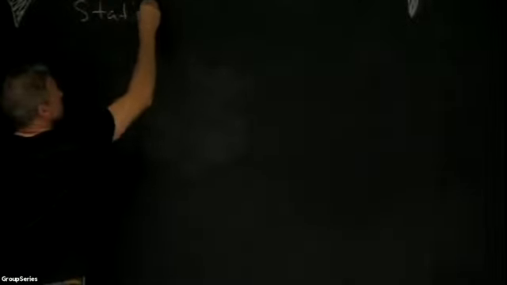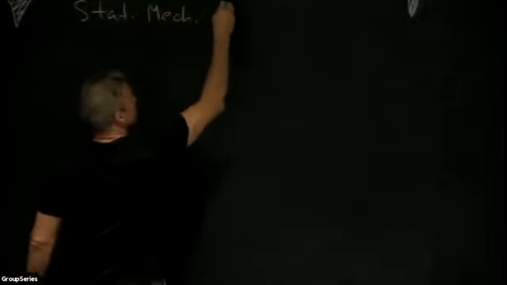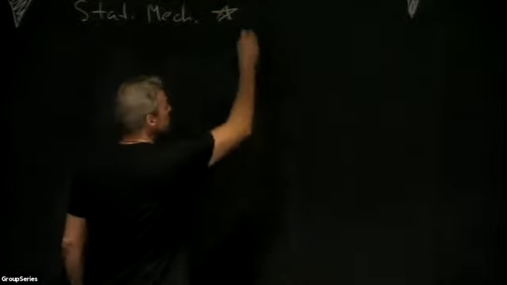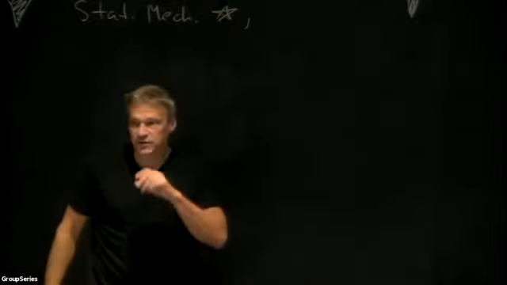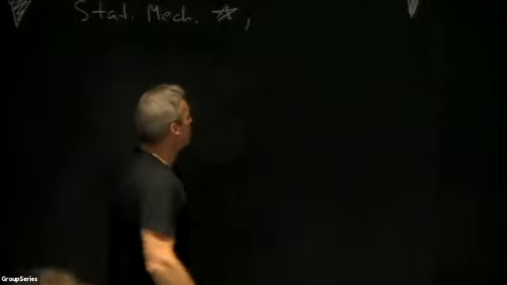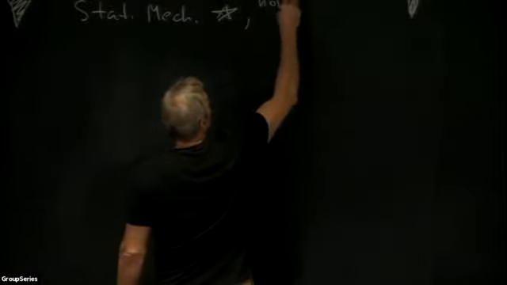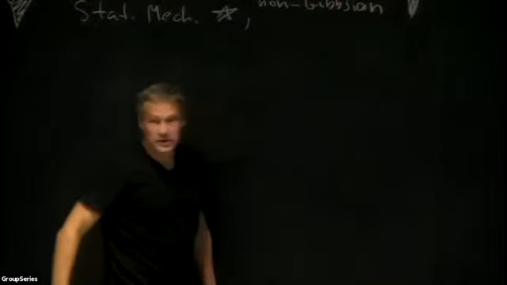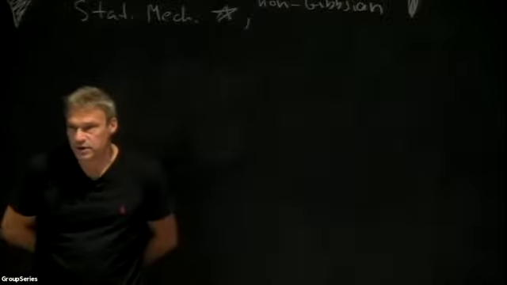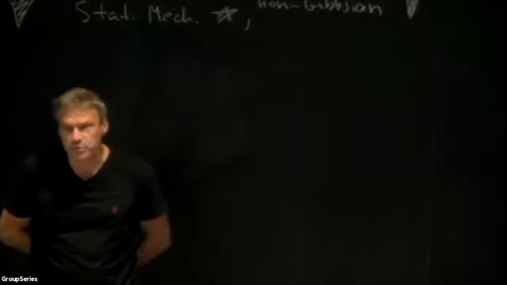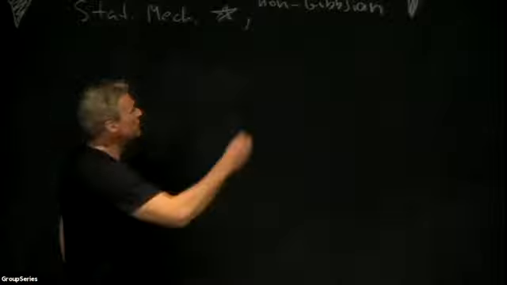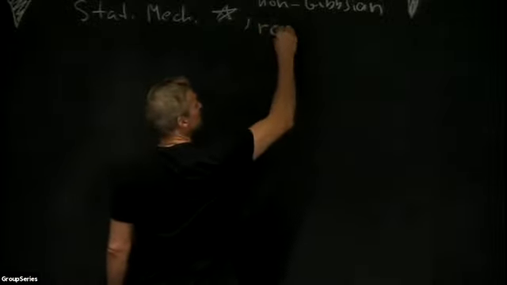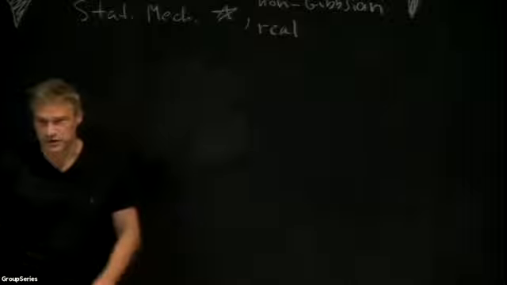So I want to tell you about statistical mechanics of stellar clusters. And the interesting thing will be that it will be a non-Gibbsian statistical mechanics, and also it will be non-Gibbsian statistical mechanics of systems which really exist.